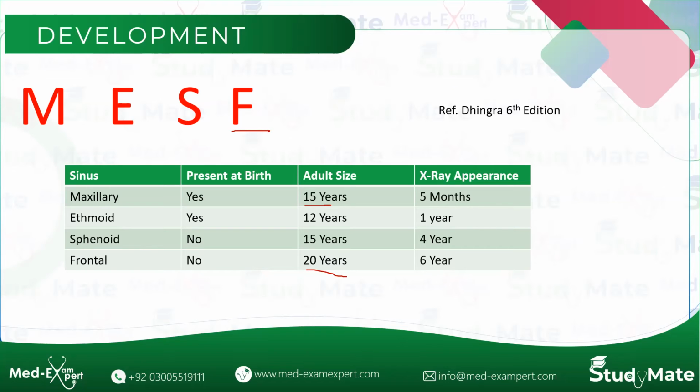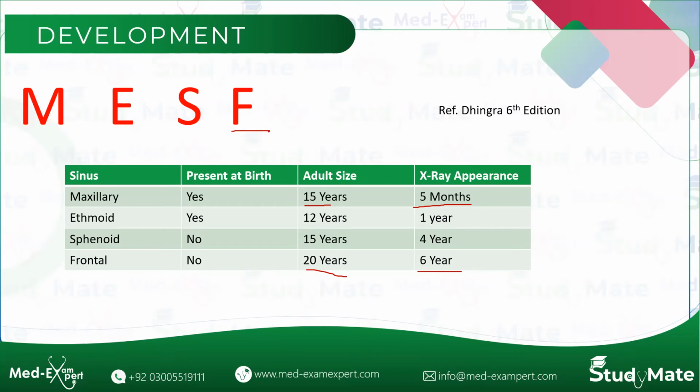Maxillary sinus first appear on X-ray at the age of 5 months, whereas the frontal sinus appear on X-ray by the age of 6 years. So these are some of the important points which you need to remember for CPSP MCQs.